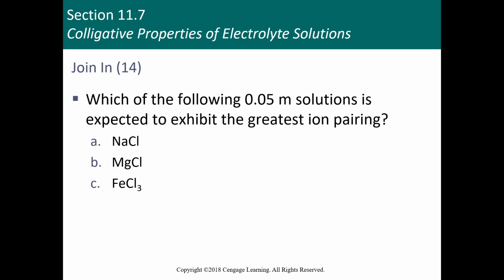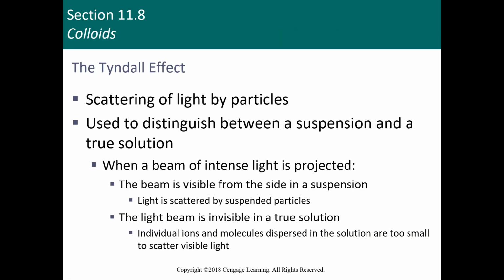What you're looking for here is the strongest magnet. The strongest magnet is going to have the highest charge. So iron chloride, that is an Fe3+, will have a 3+ charge to counterbalance the negative charges on each of these chlorides.